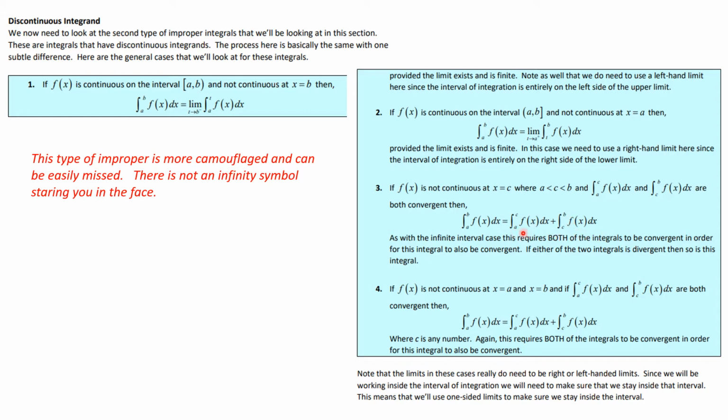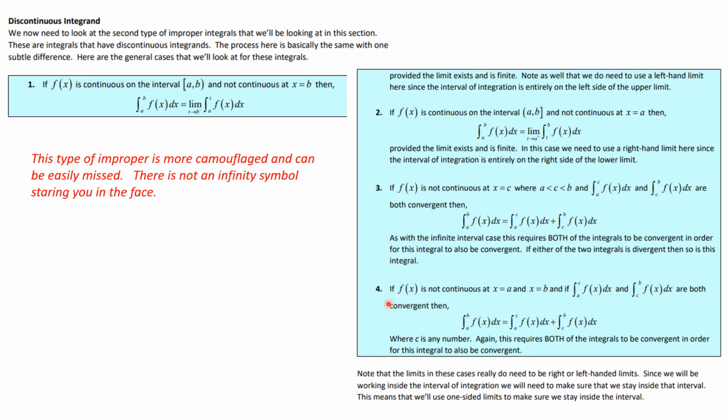Note that one of these integrals is the first type we talked about, and the other is the second type. As with the infinite integral case, this requires both integrals to be convergent in order for the integral to be convergent. If either of the two integrals is divergent, then so is this integral. You need to think about this a little bit in conjunction with the first two cases.